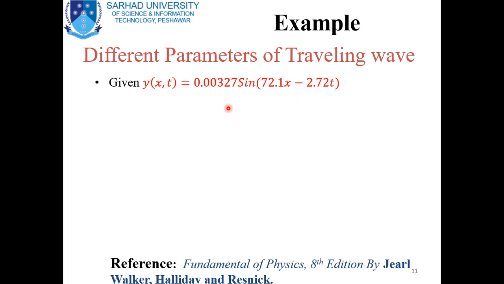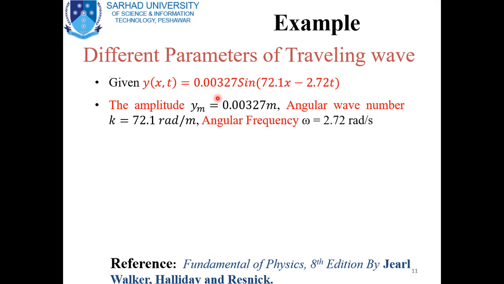When you compare this expression with the said expression, you will observe that your amplitude will be equal to 0.00327, because at the left hand side of the sinusoidal function we have the amplitude. So this will be our amplitude.